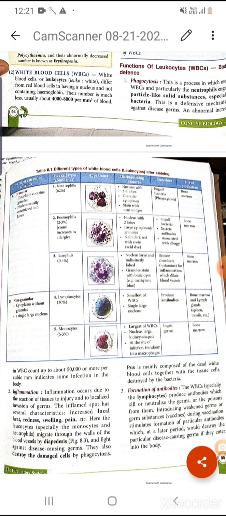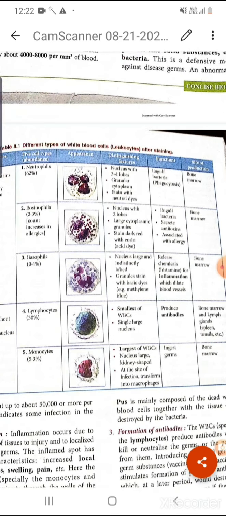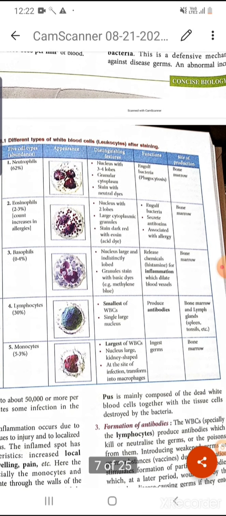Eosinophils have 2 lobes, and large cytoplasmic granules are present inside the cell. They also engulf bacteria, they secrete antitoxin, and they are associated with allergic reactions. Whenever we have an allergy due to some food or pollen grains, if we do a blood test, we can see that the eosinophil level is very high at that time, because eosinophils are associated with allergic reactions.